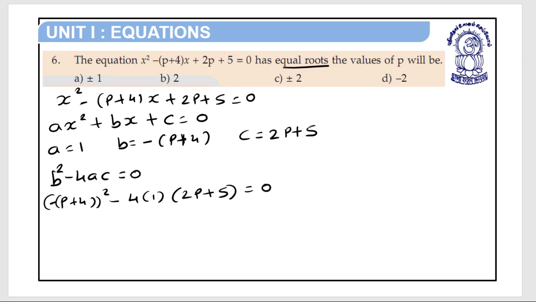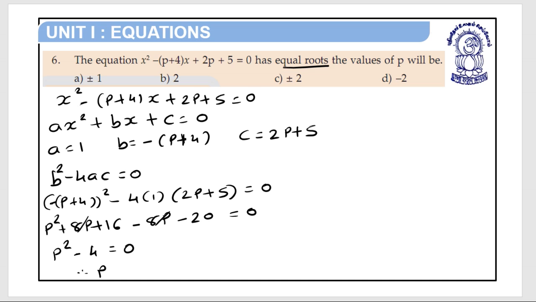So minus p plus 4 whole square minus 4 into 1 into 2p plus 5 is equal to 0. P plus 4 square is p square plus 8p plus 16, minus 8p minus 20 is equal to 0. 8p minus 8p cancels. P square minus 4 is equal to 0.